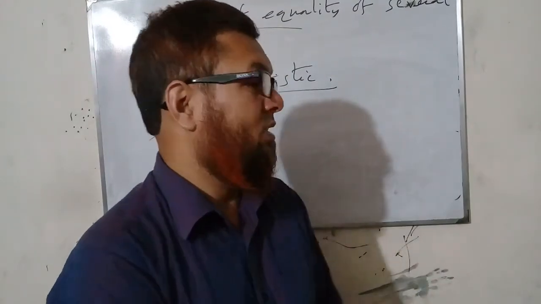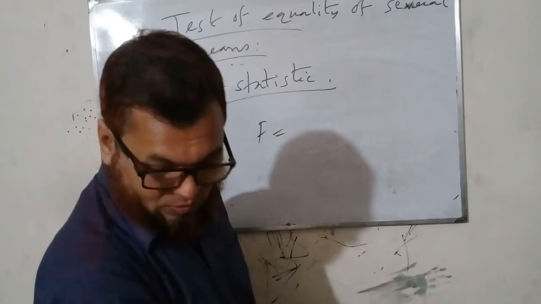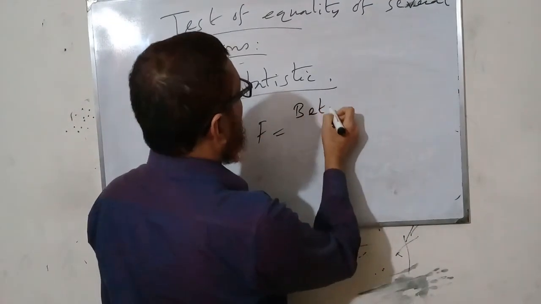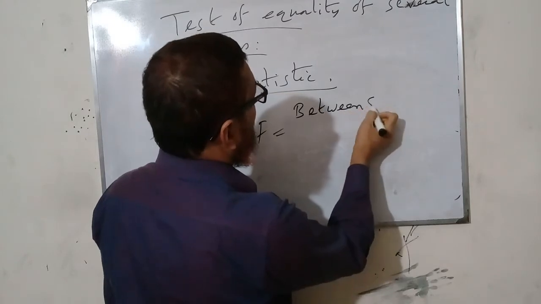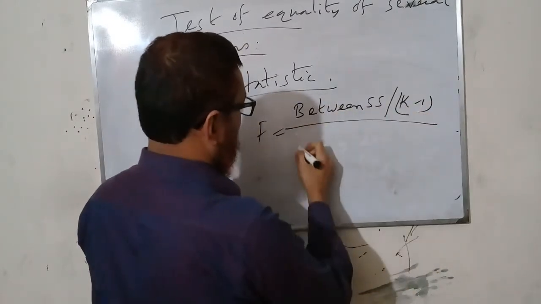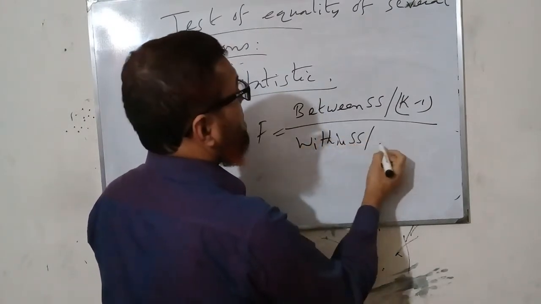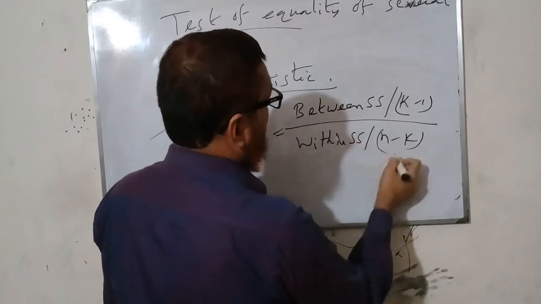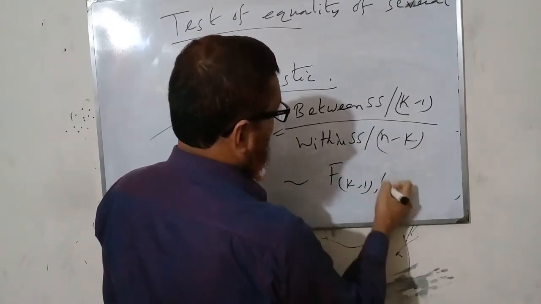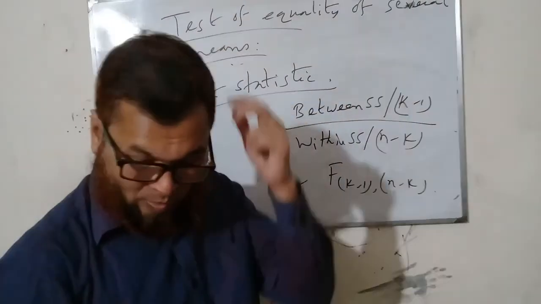Here the test statistic F is between sum of square by k minus 1 over within sum of square by n minus k, which follows F distribution with k minus 1 and n minus k degrees of freedom.